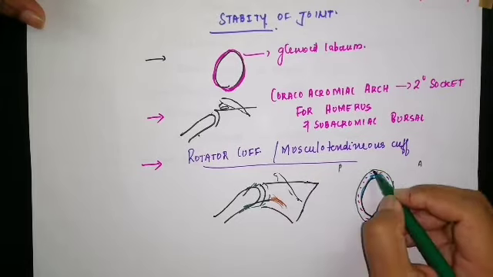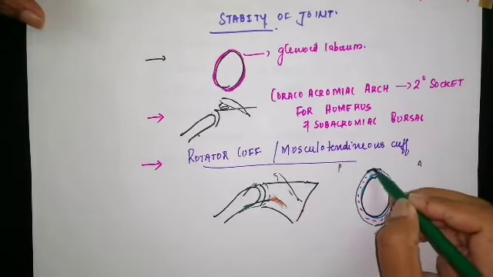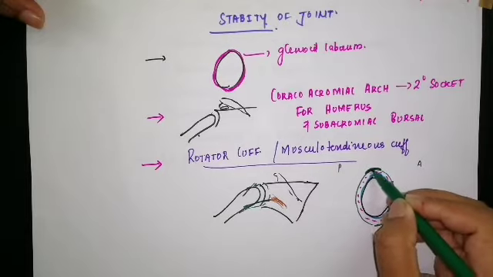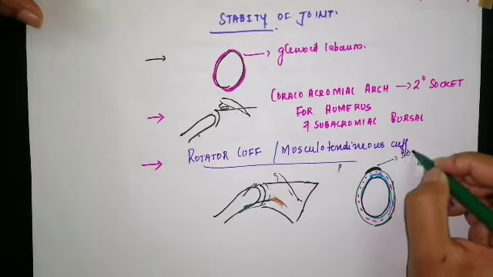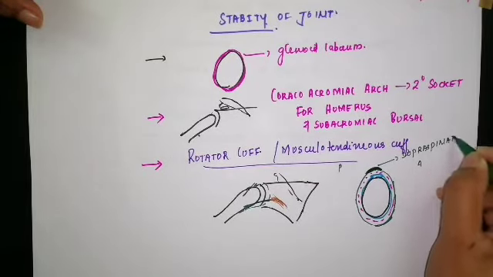On the superior aspect, the supraspinatus tendon merges with the capsule. Anteriorly, the subscapularis tendon merges with the capsule.